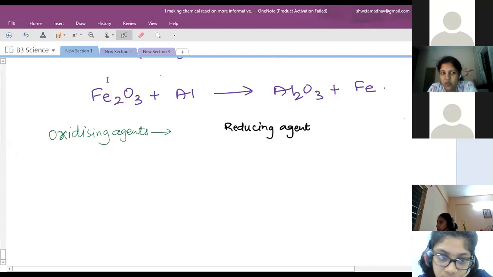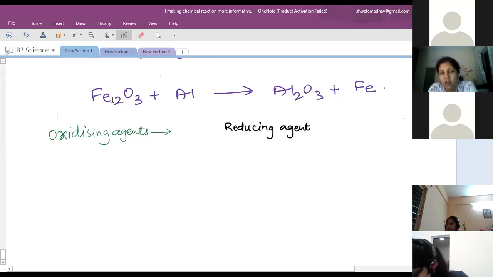So when iron oxide has lost oxygen, the same oxygen is gained by aluminium. So iron oxide helped aluminium to get oxidized. Aluminium is oxidized by oxygen that came from iron oxide.